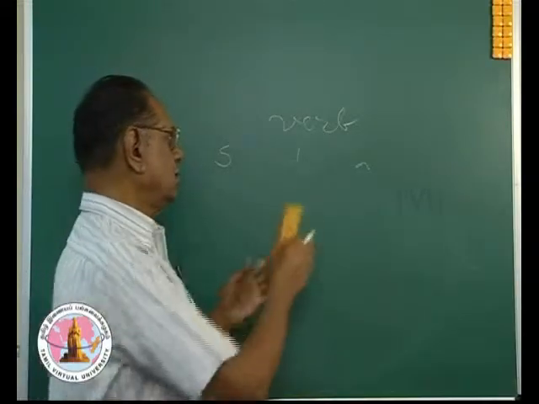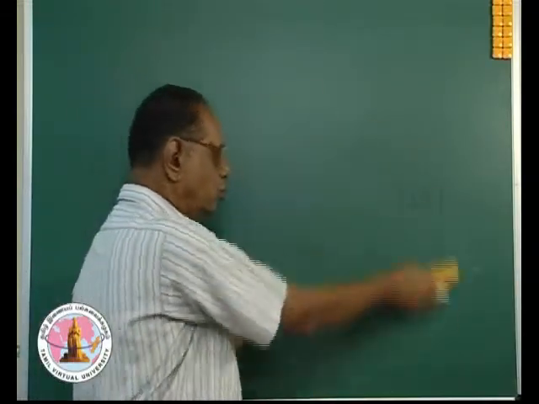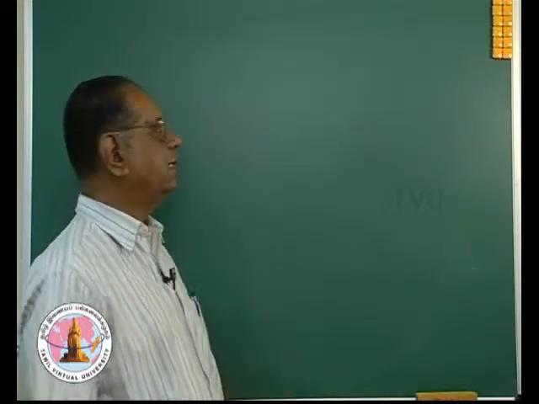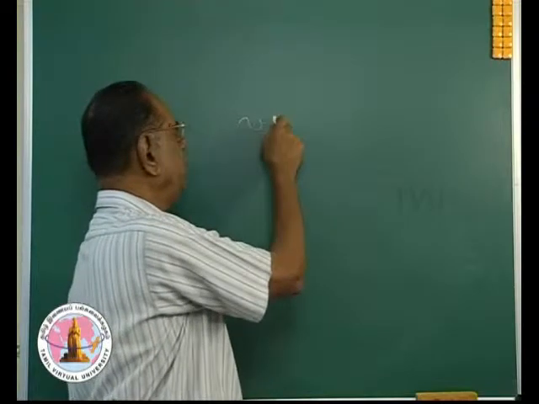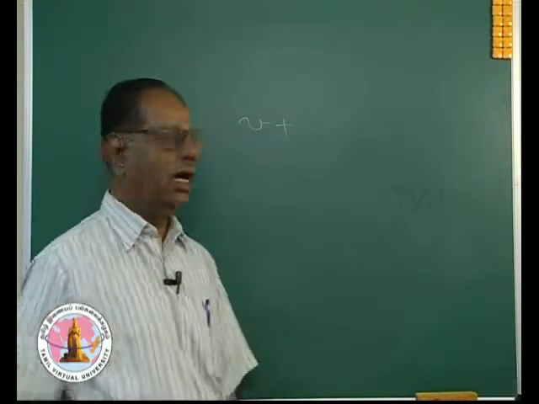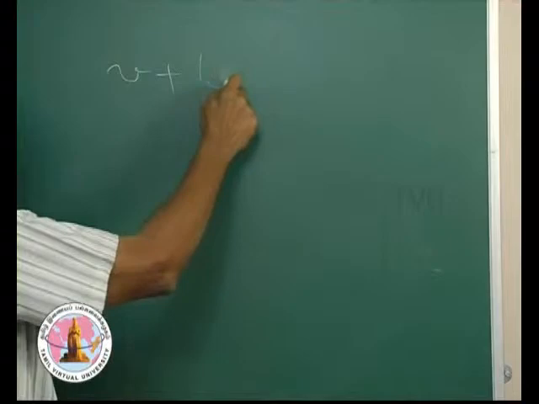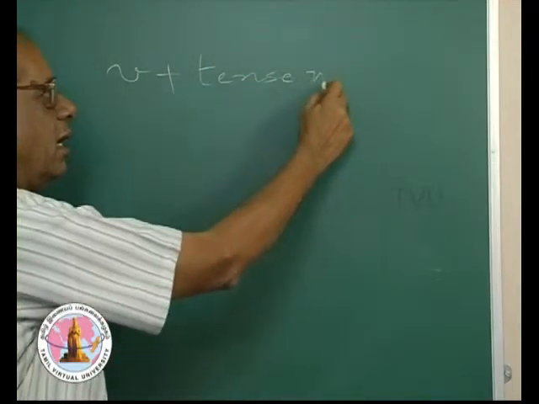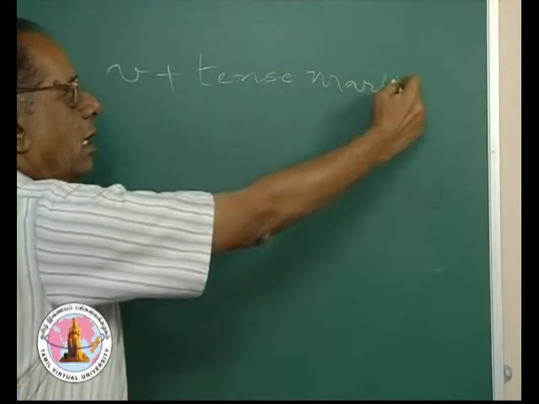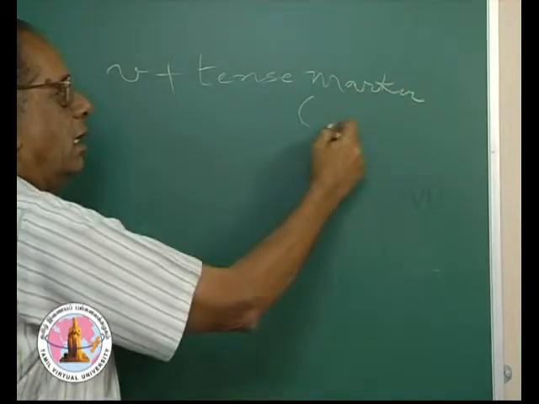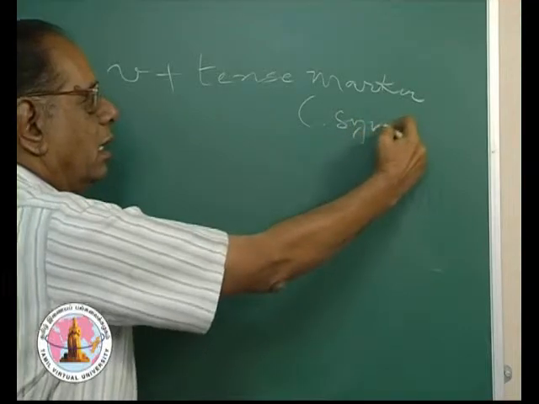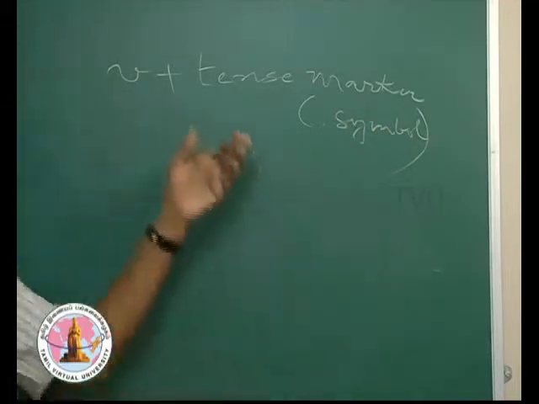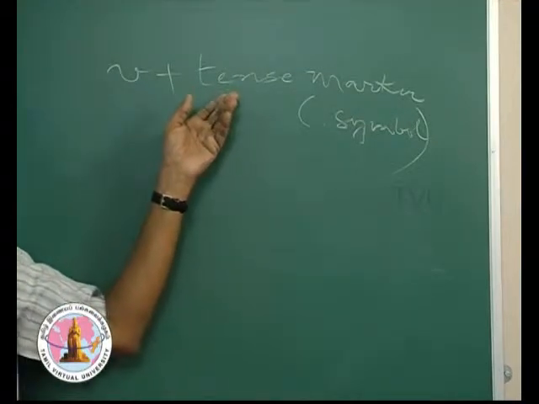For this, two suffixes are added to the verb. That is to say, the verb is there and then you have a tense marker or a symbol, this is to indicate the time of action.